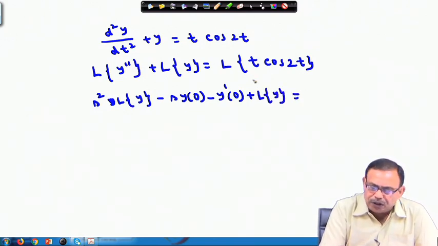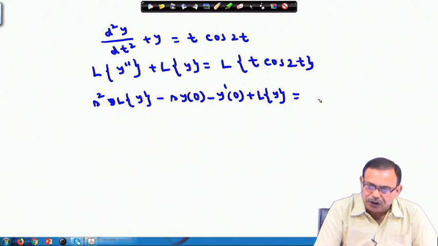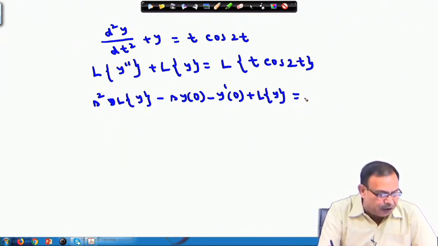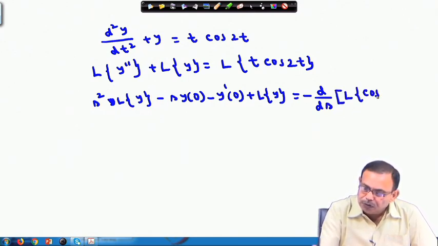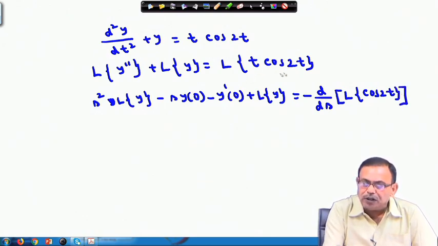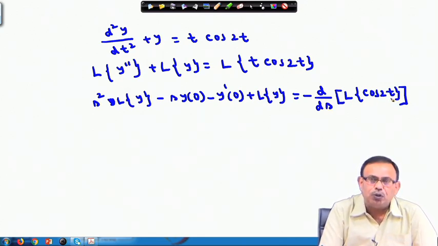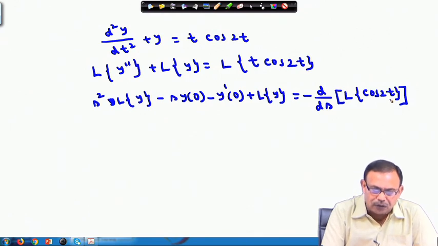Now, this Laplace transform of t cos 2t, again using the property I can say this is nothing but minus d ds of Laplace transform of cos 2t. I can write it using the property, since t cos 2t is there, minus d ds into Laplace transform of cos 2t.